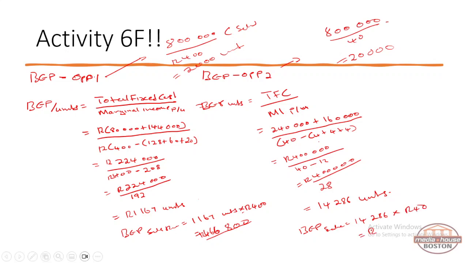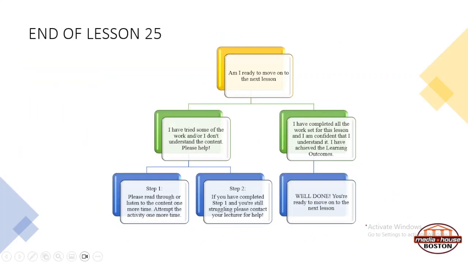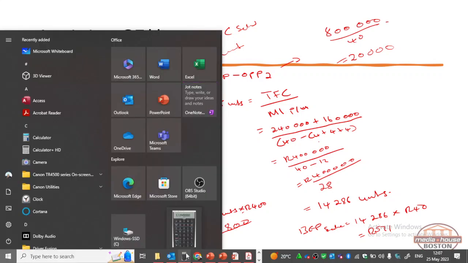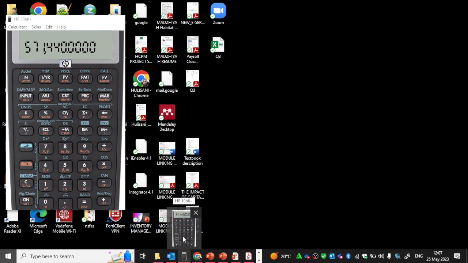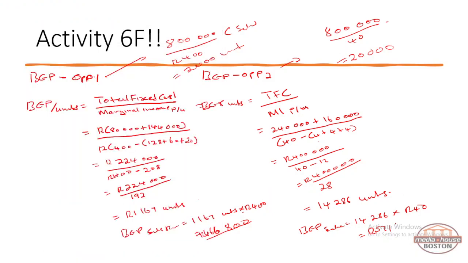Therefore, your total sales revenue at break even is going to be 14,286 multiplied by 40, giving you 571,440. So this is your break even in sales revenue.